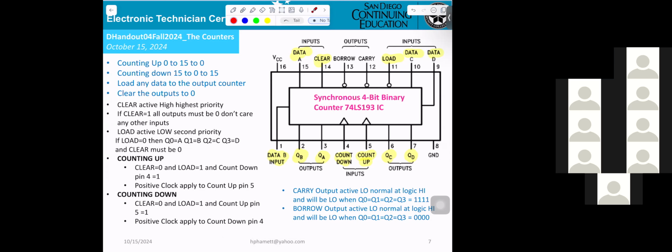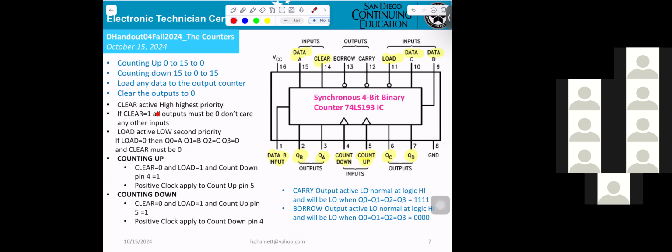Count up 0 to 15 to 0. Count down 15 to 0 to 15. You can load any data to the output of the counter, or you can clear the output to 0. Clear is active high, the highest priority.